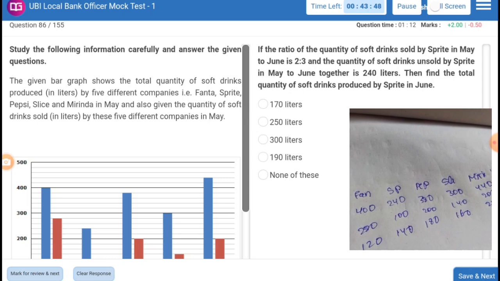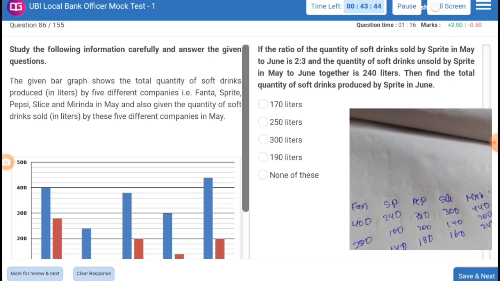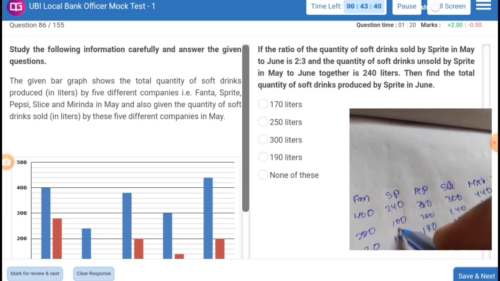So this is May. Sold and 50. Unsold is 240. So 390.